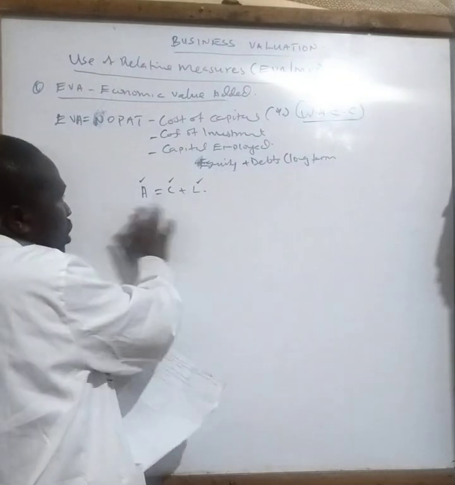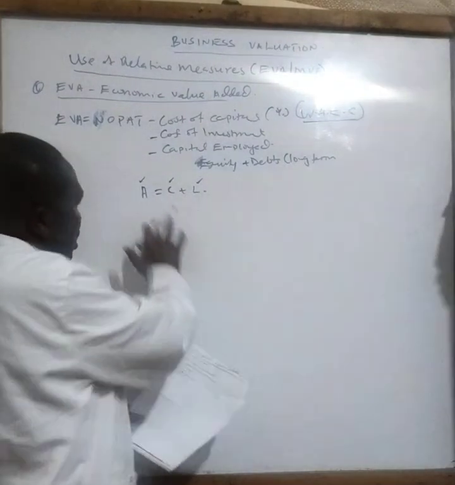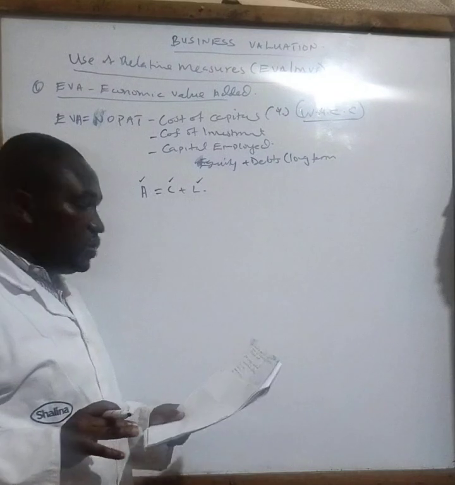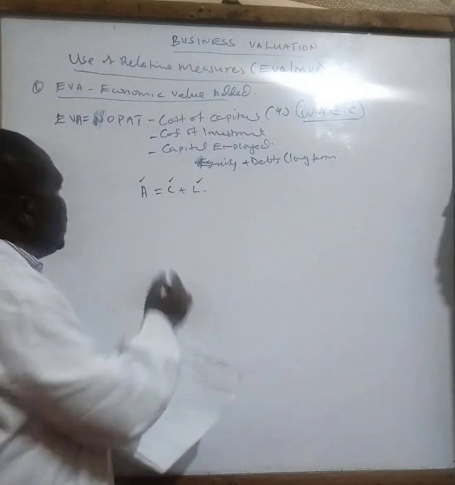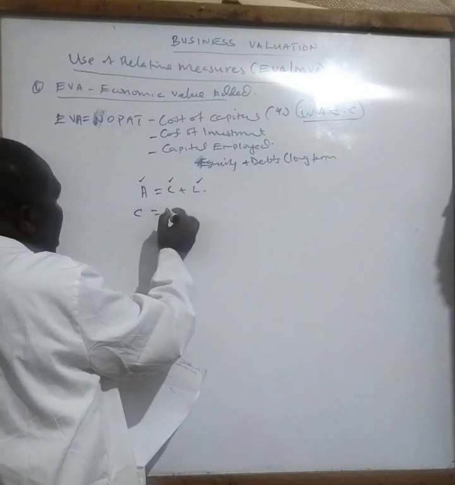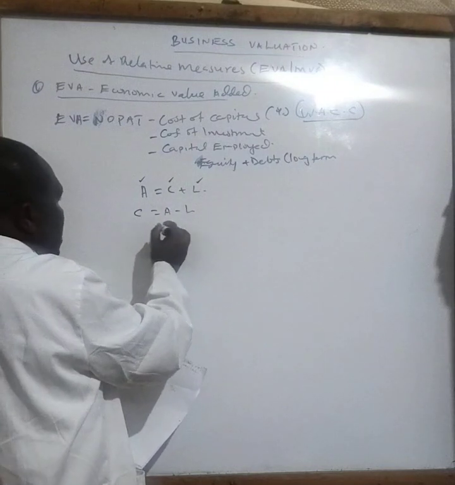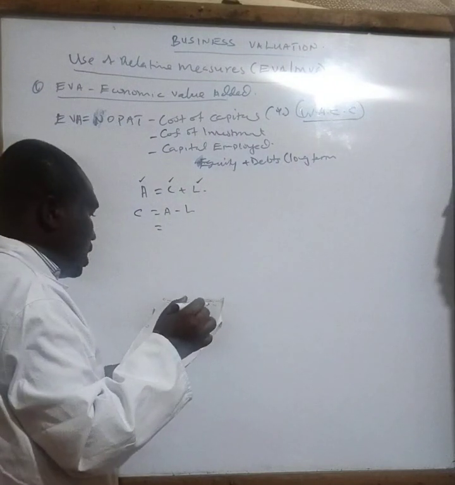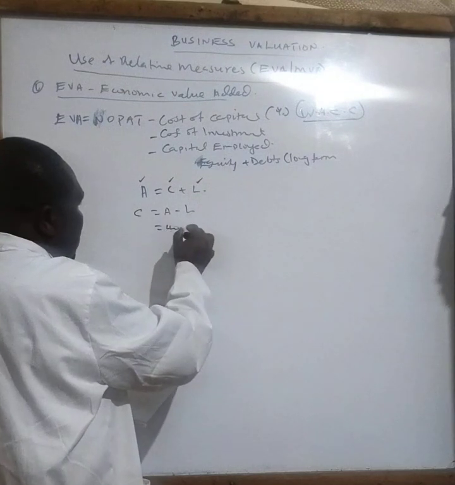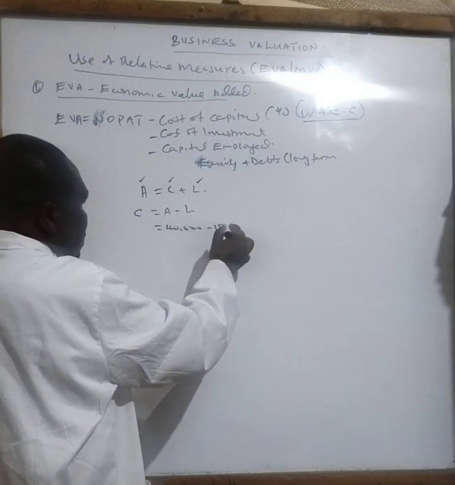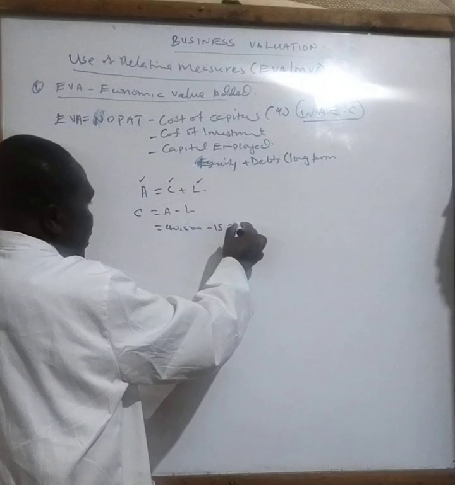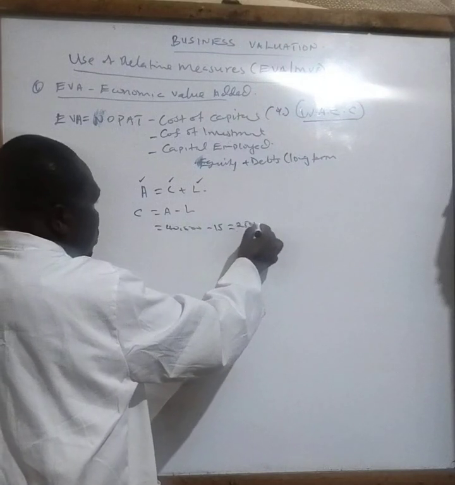We have been told net operating profit is 10,000, total assets 40,000 and liabilities 15,000. So this goes to the accounting equation, and what is missing here is capital. Capital is given by assets minus liabilities. Total assets of 40,000 less liabilities of 15,000, your answer is 25,000.